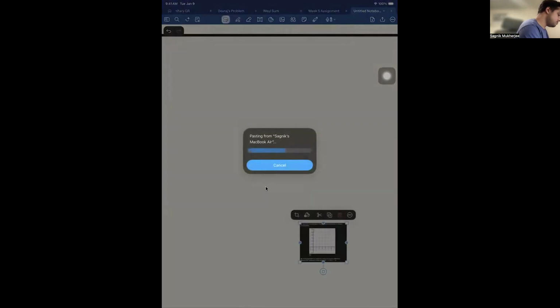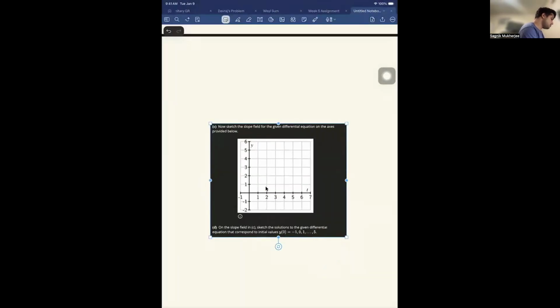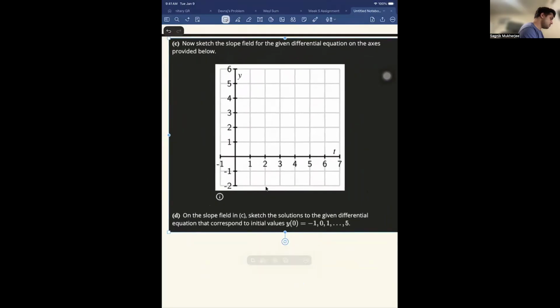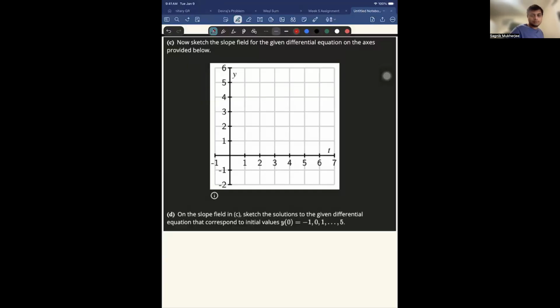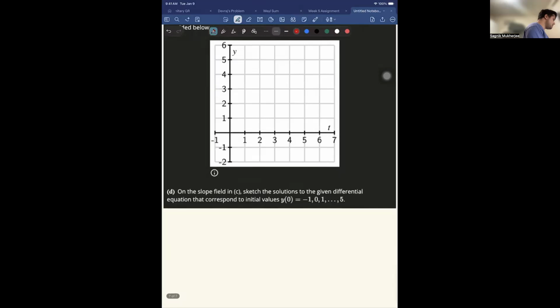Now let me draw a slope field. Sketch the slope field, axes provided below.